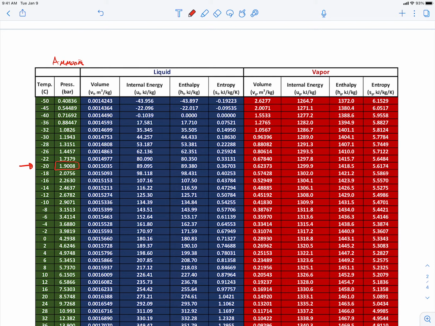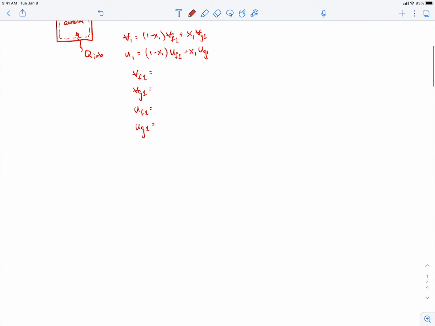So that pressure is going to be 1.9008 bar. We can also get the saturated liquid specific volume and the saturated vapor specific volume. And similarly, we can get the saturated liquid specific internal energy and the saturated vapor specific internal energy. So let's try to remember those numbers, and then we'll write them down up here.